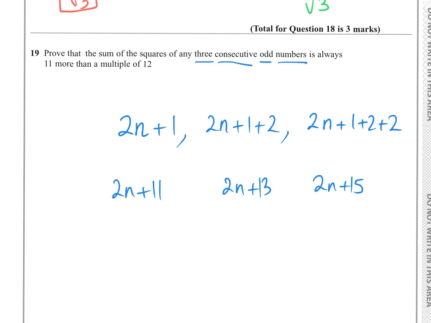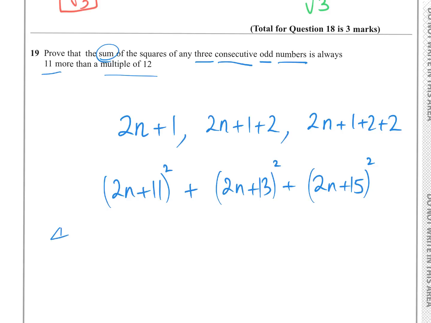And we want to prove that the sum of the squares, so the sum of the squares, so you might regret me choosing these larger numbers now, but don't worry, we'll be fine. And we've got to show that's 11 more than a multiple of 12. Well, let's just multiply these out.